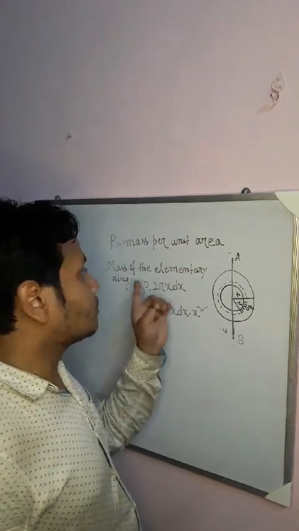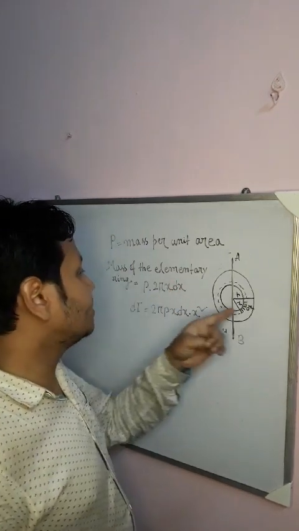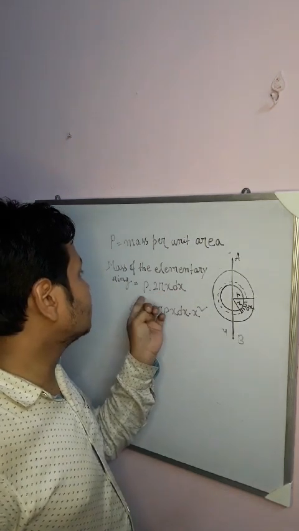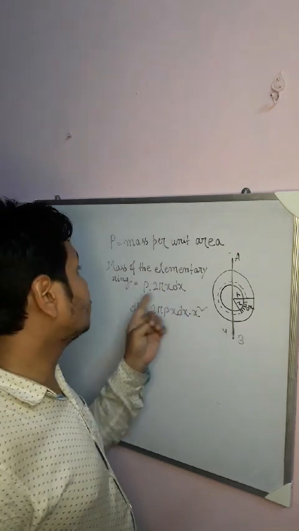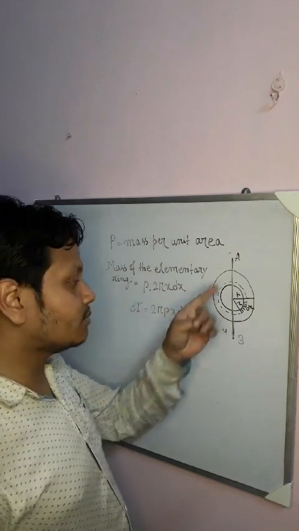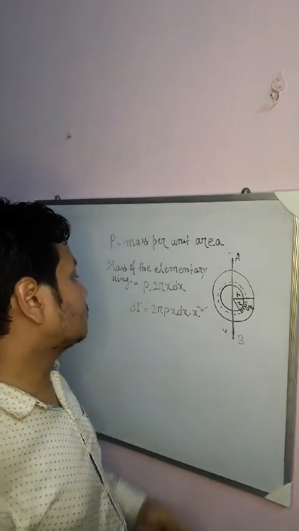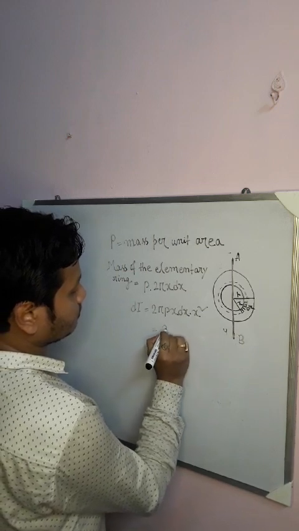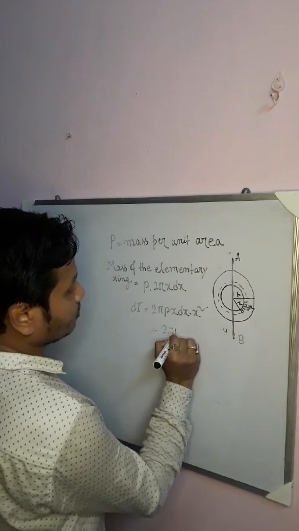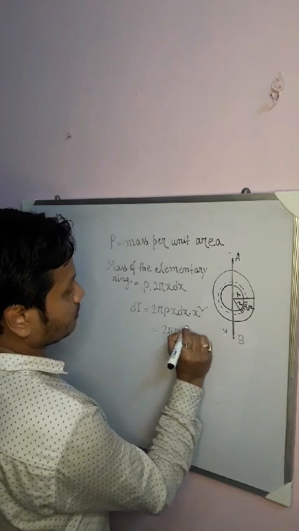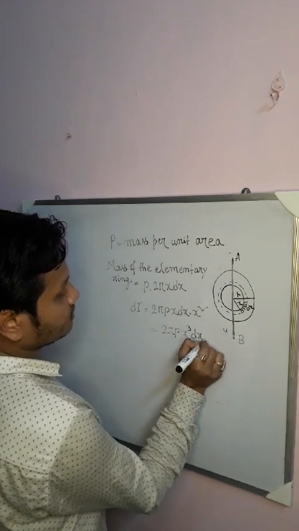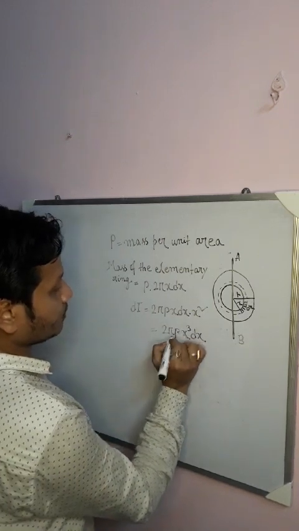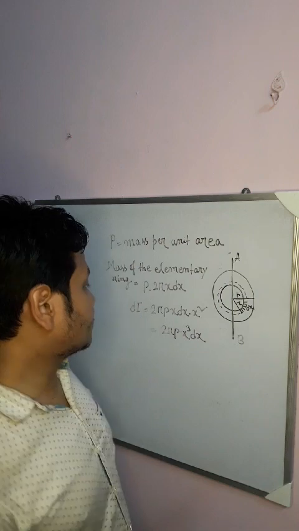At first we find the mass of the elementary ring: rho is the mass per unit area and the area is 2 pi x dx. So dI is 2 pi rho x cube dx.